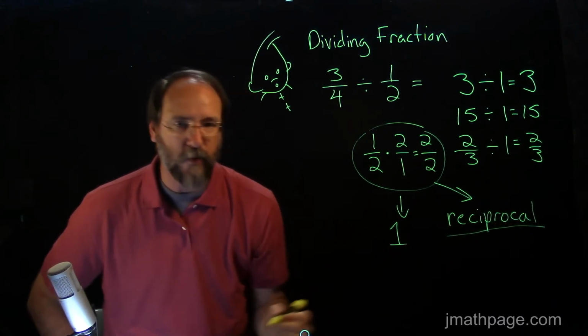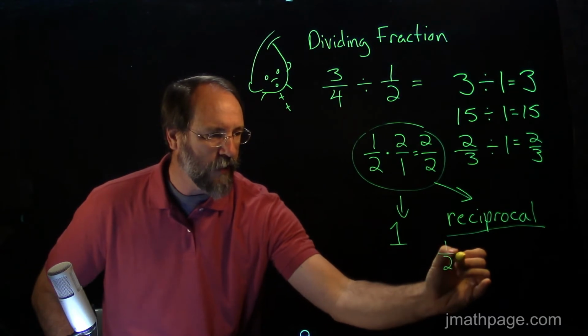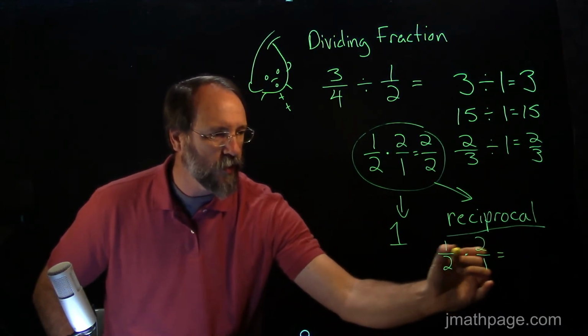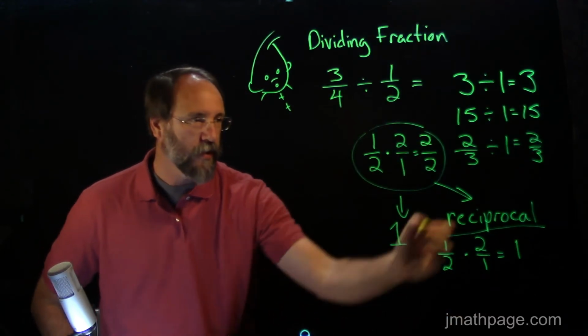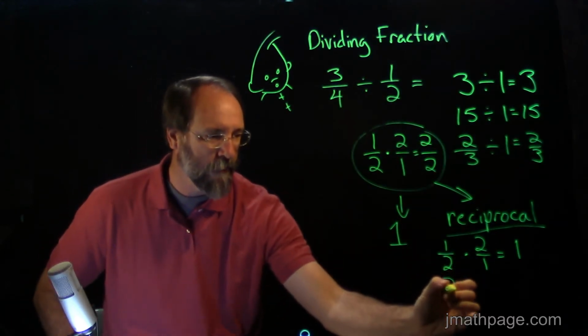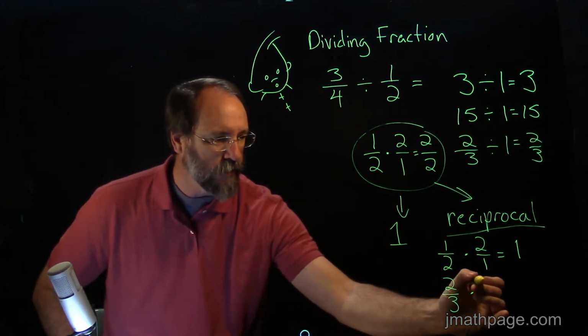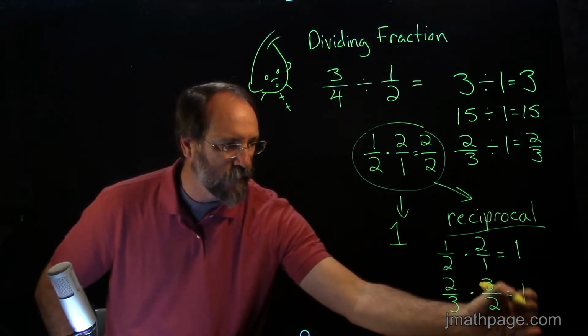Okay, so that's a big word. Now, the reciprocal of 1/2 was 2/1. So we know that 1/2 times 2/1 gave us 1. Now, if I use the 2/3, in order to get 2/3 to equal 1, I have to multiply by 3/2.